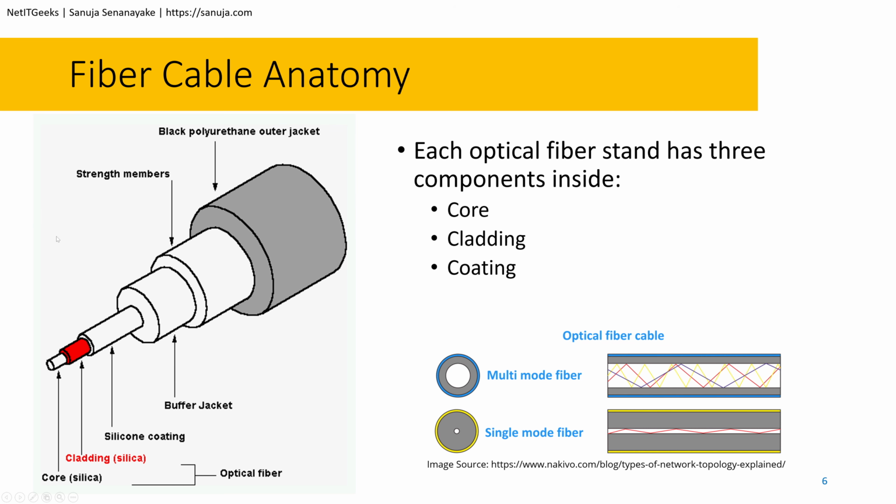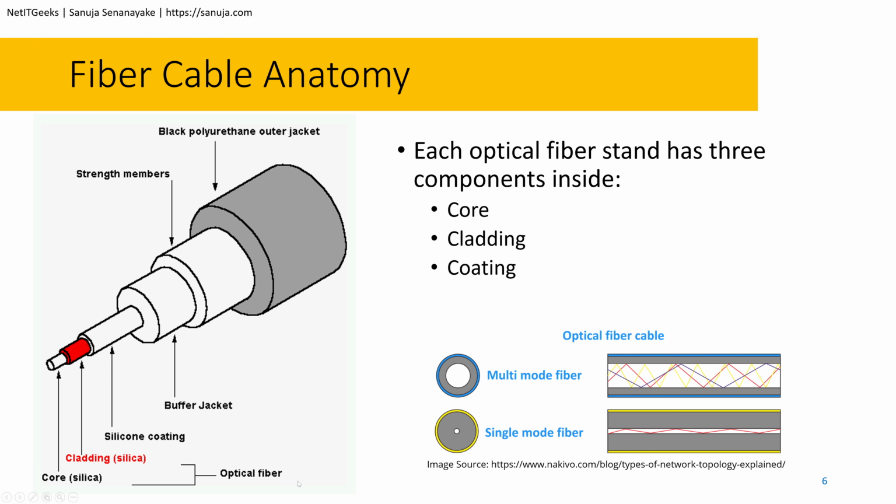So typically this is the cable that you're going to get. Even the indoor use cables have most of these components. So we have the core, that's the most important part, which is typically made out of silica. And then you have the cladding right after it, which is also typically made out of silica, and the combination of these two makes the optical fiber itself.